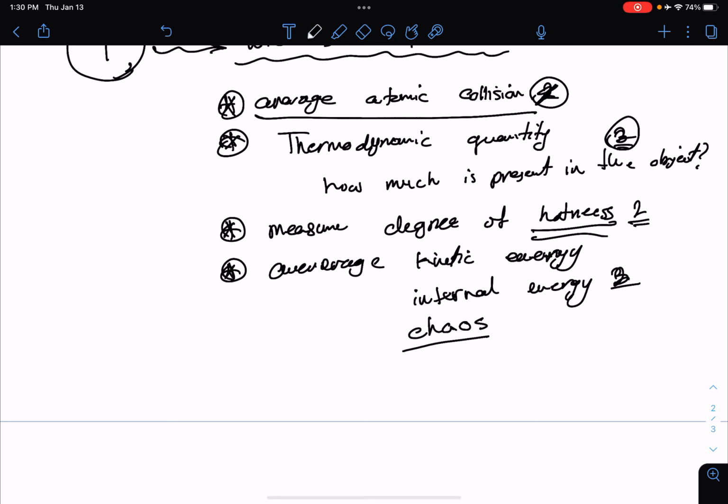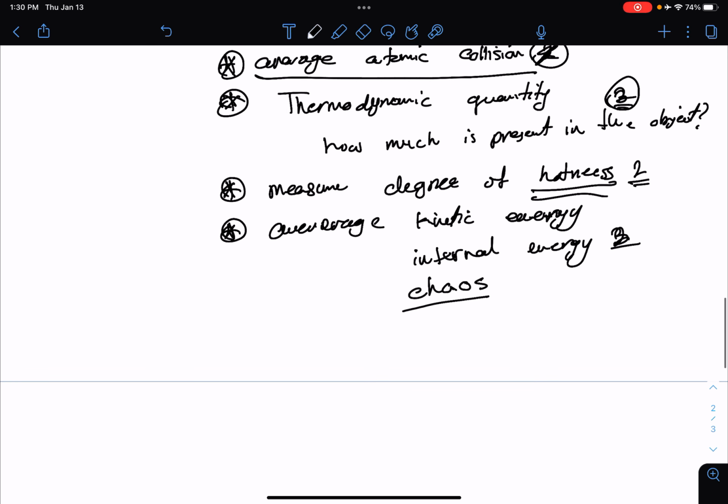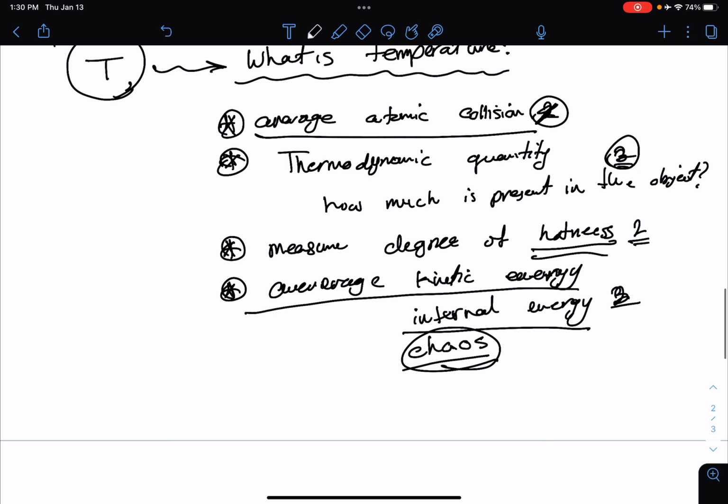So, those of you who responded with average kinetic energy or internal energy or even chaos are correct. But when you say amount of heat present in a body, that doesn't really tell us any new information. It's just a different name for temperature, right?